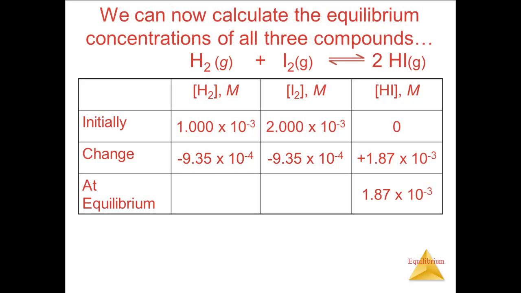The key connection is that the equilibrium concentration is the sum of the initial concentration and the change in concentration. The E row equals the I row plus the C row for each substance.